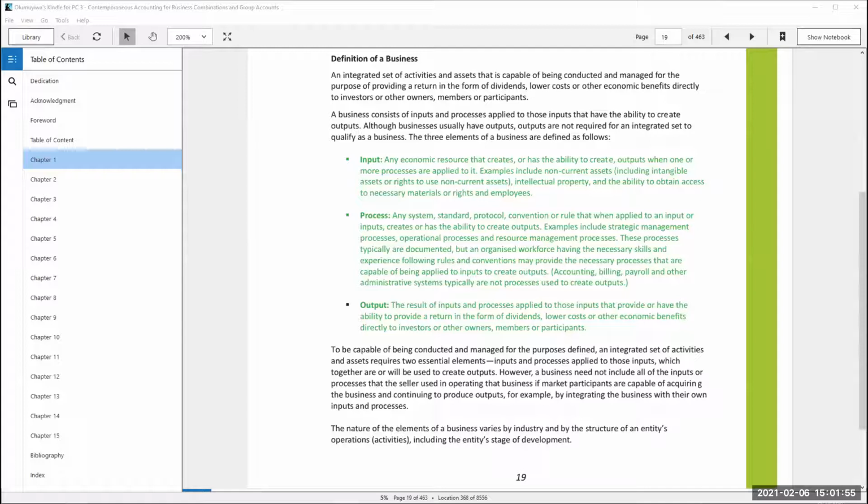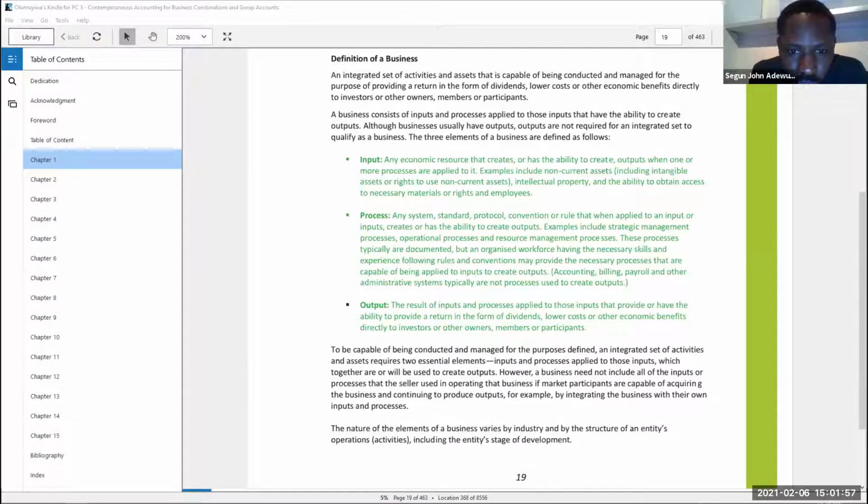Any system, standard, protocol, convention, or rule that when applied to an input or inputs creates or has the ability to create outputs. Examples include strategic management processes, operational processes, and resource management processes.